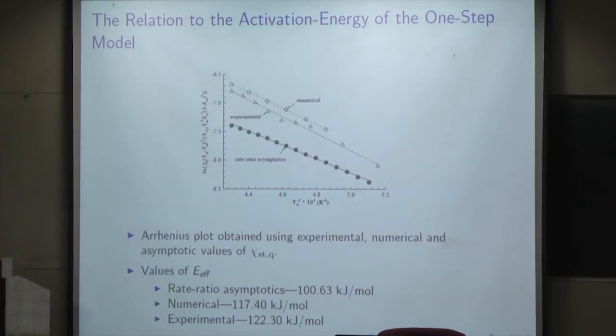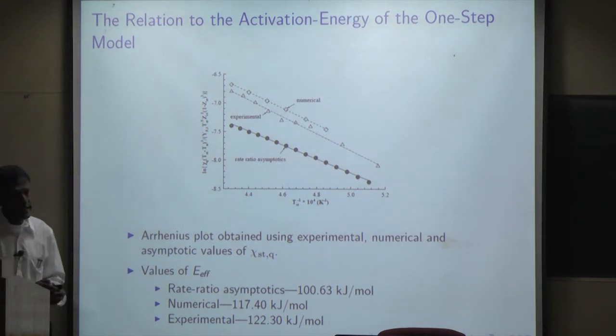What I've done is take the results from rate ratio asymptotic analysis and obtain from that a global one-step kinetics activation energy for a one-step reaction. And this one you extract from the numerical calculation.